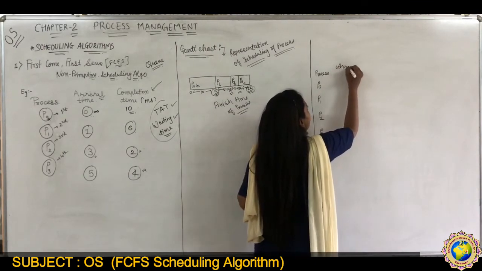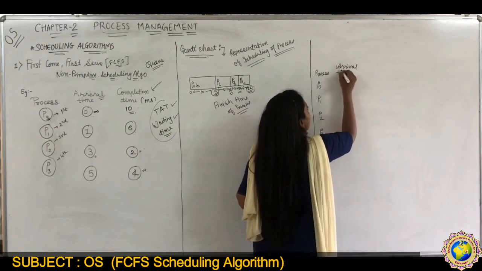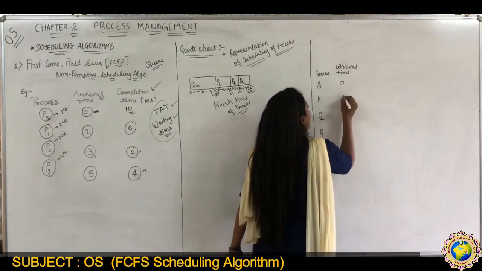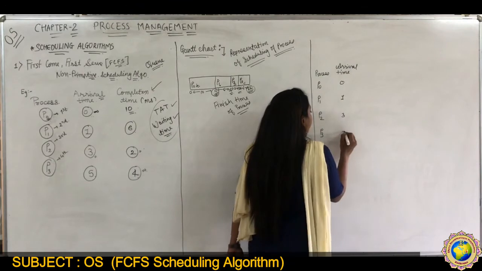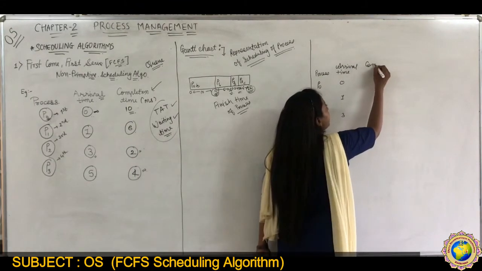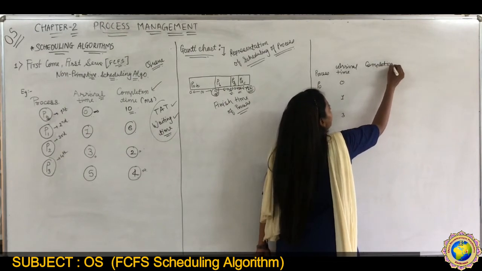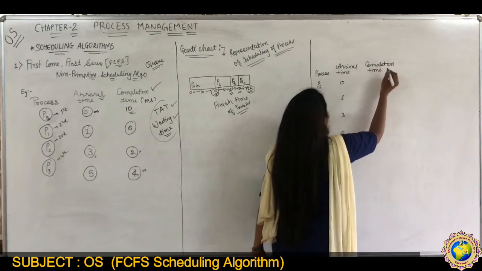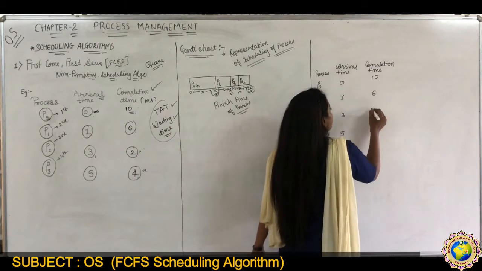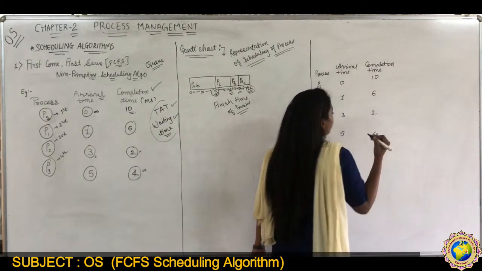The arrival times are 0, 1, 3 and 5. The completion times are 10, 6, 2 and 4.